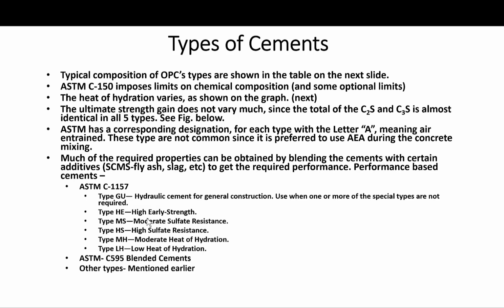So let's mention a few more things here. The typical compositions of ordinary Portland cements are shown in the next slide. The ASTM C150 imposes limits on chemical composition, and it has some optional limits as well, as you will see.